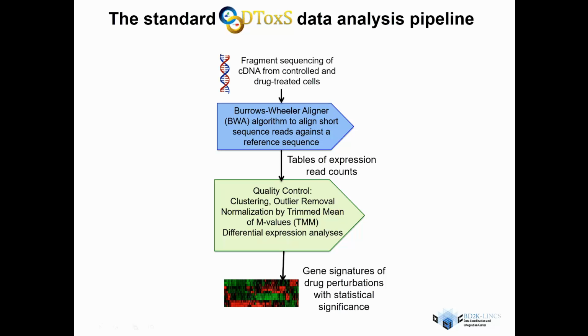So this is the standard data analysis pipeline that we started with. The first step, the input, are FASTQ files from the sequencer. Essentially, a FASTQ file contains a sequence of each read and also a quality measure, so that you know, because there can be sequencing errors.